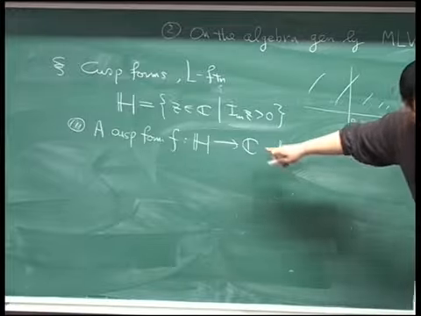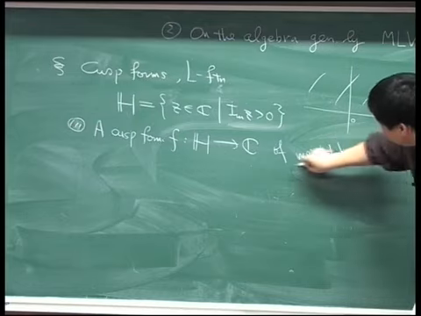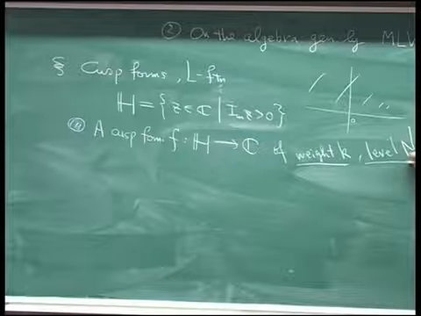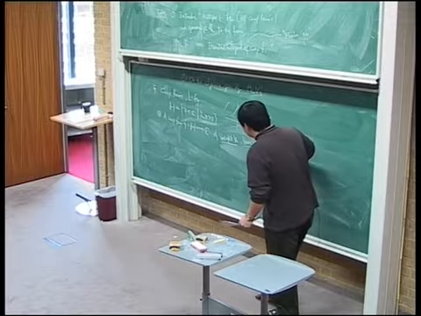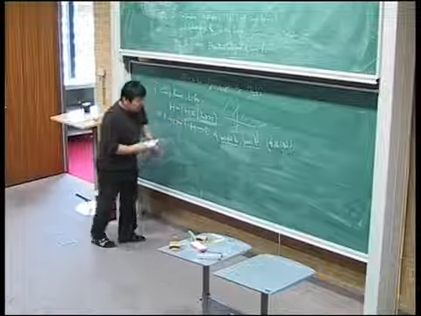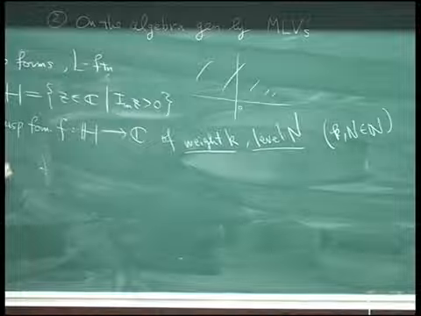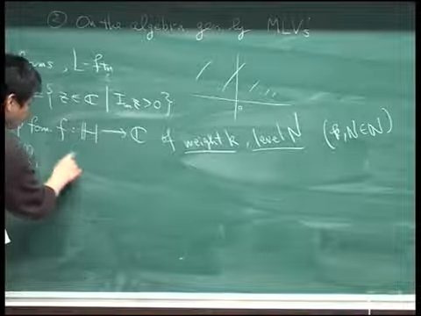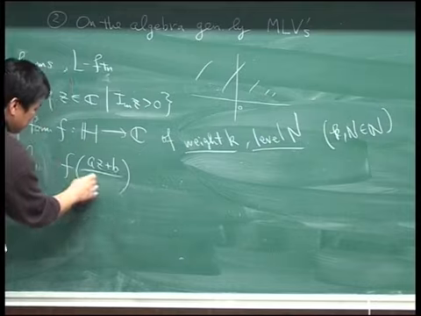A cusp form f of weight k and level N, where k is a positive integer, is defined as follows. This is a holomorphic function. So the first requirement is that this is holomorphic and satisfies this relation.